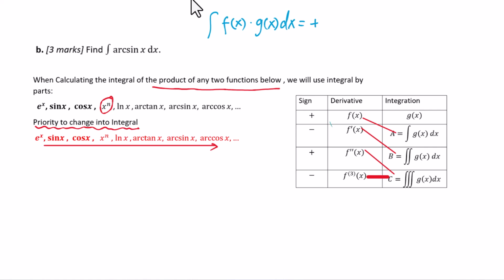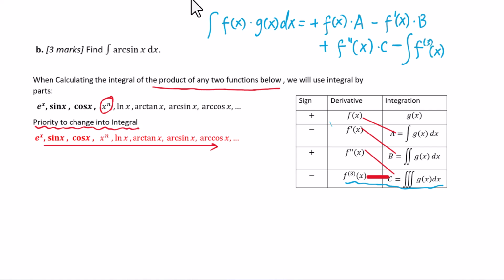Positive sign, f of x times a, minus f prime of x times b, plus f double prime of x times c, minus integral, horizontal line go to integral, third derivative of f of x times c dx.